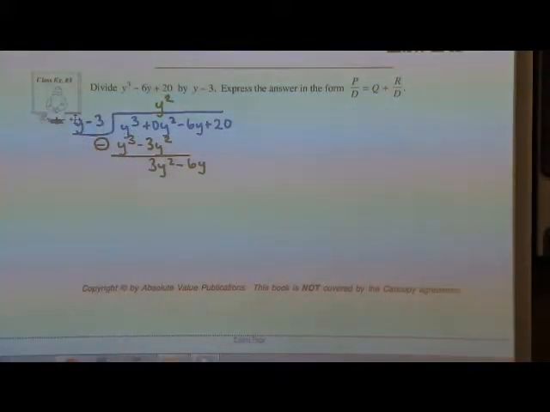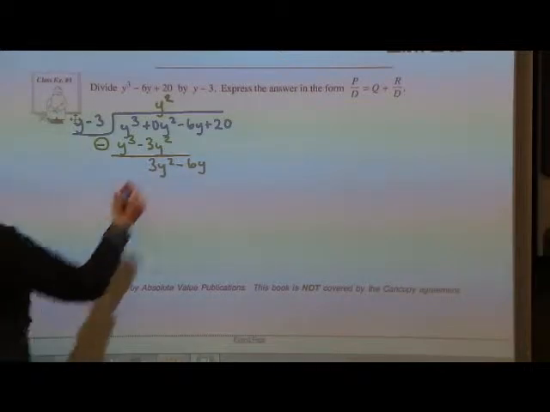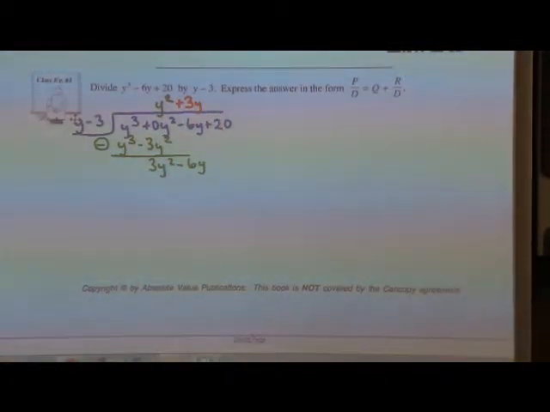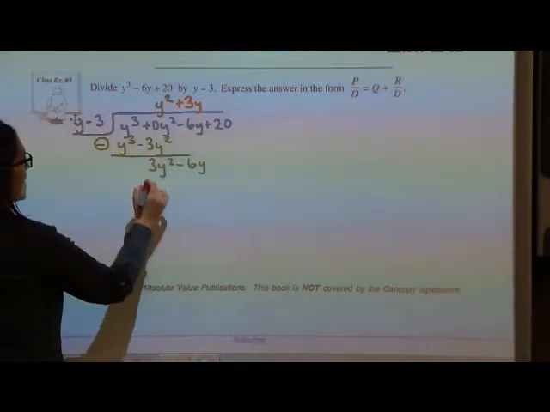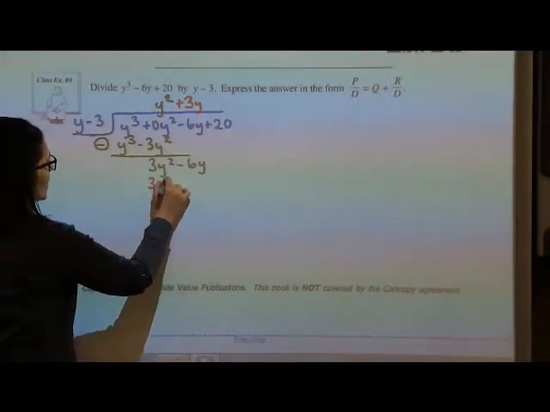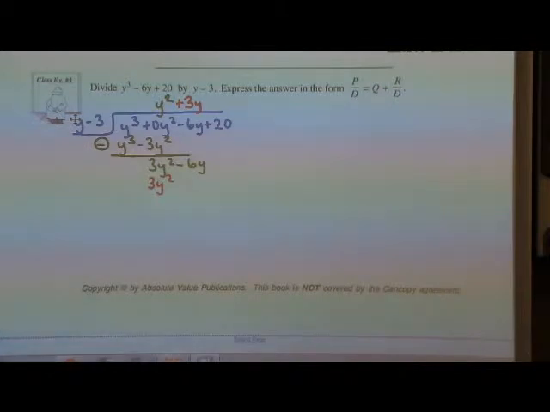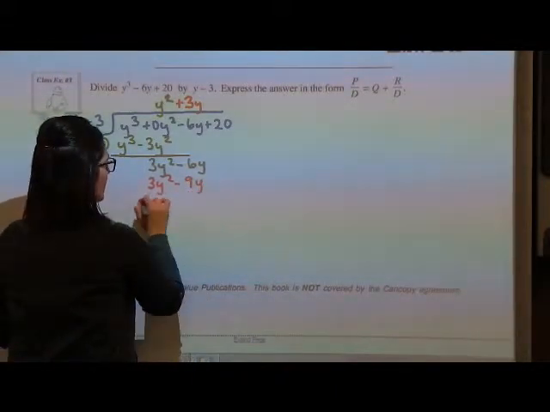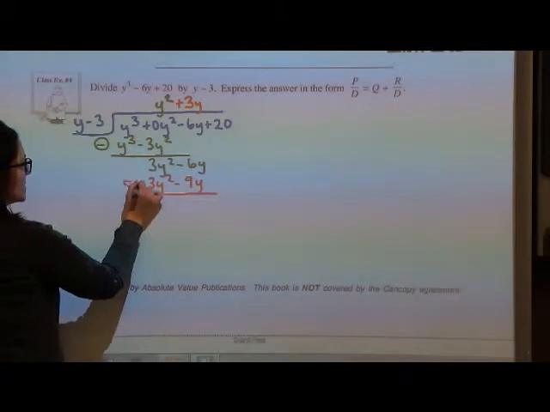3y squared divided by y equals 3y, and it's a positive 3y, and then I multiply it through. 3y times y is 3y squared. 3y times negative 3 is negative 9y, right? And then again I subtract.